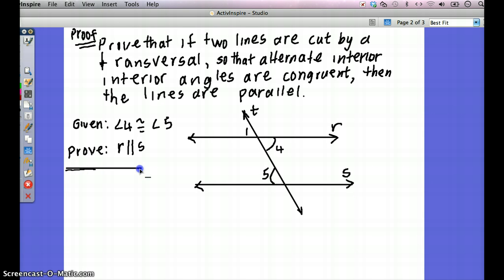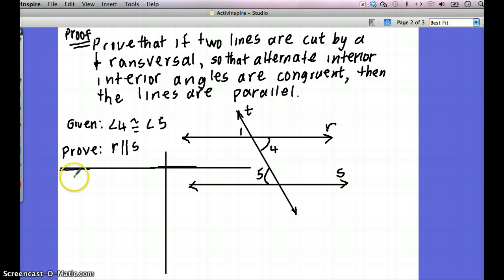Let's set up our two columns here for statements and reasons. Let's put the statements here, reasons over here.